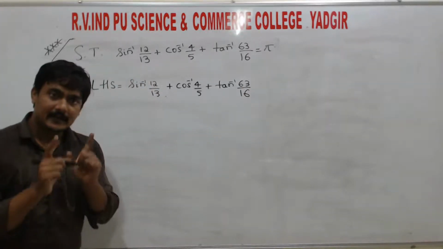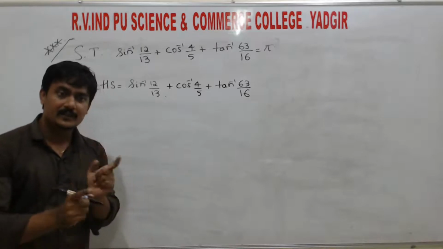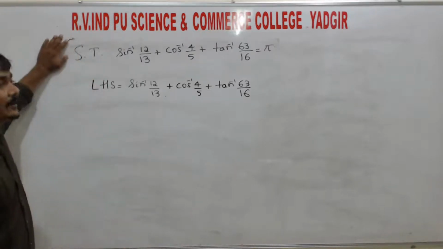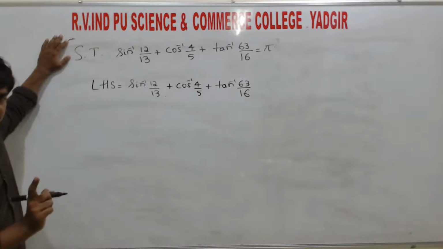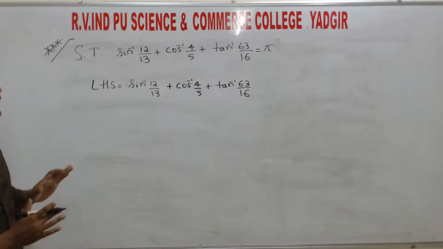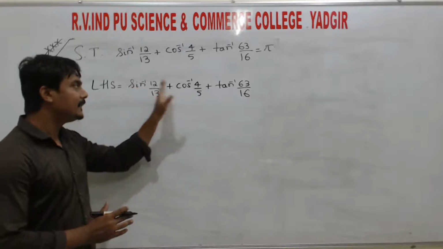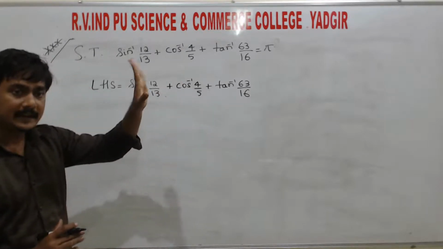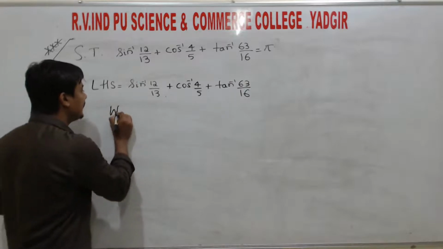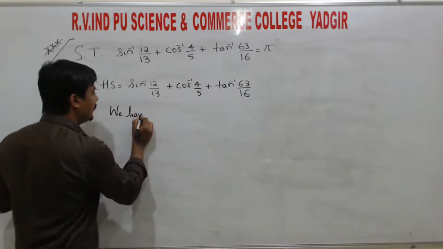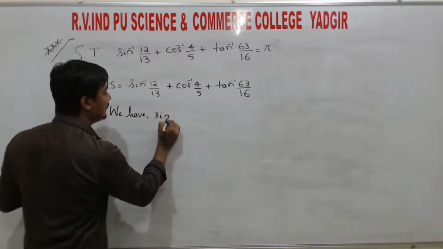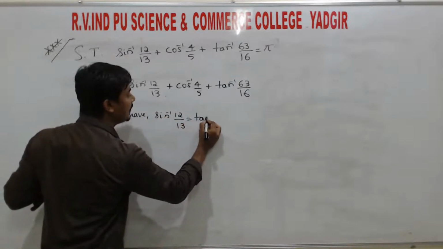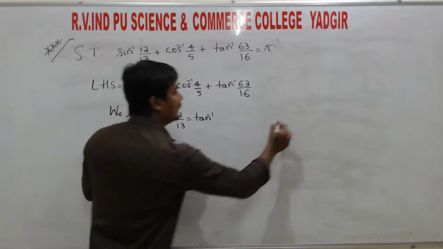Try to understand in what way this question is different and why sir has put this triple star for this problem. Right? Okay. So first we will express each of the inverse trigonometric functions given in terms of tan inverse. So first I will take sin inverse 12 by 13 and express it in terms of tan inverse. Okay.